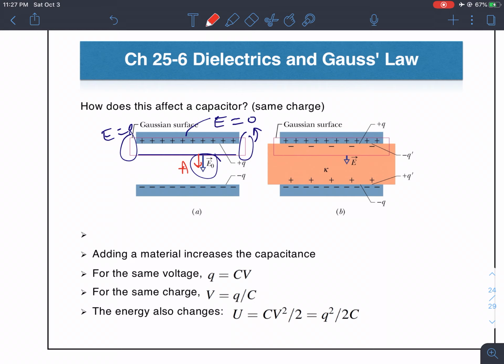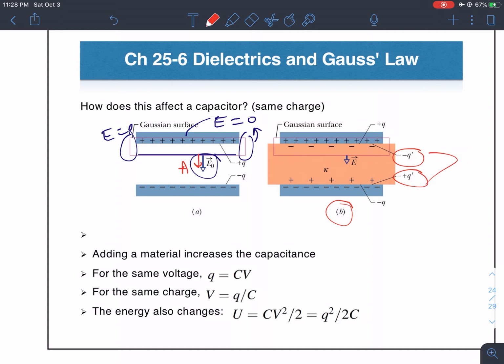When you have a dielectric material, as you can see in part B, what really changes are those slightly polarized or induced charges. These negatives on the top, we call them negative Q prime, and the positives at the bottom of the dielectric material, we call them positive Q prime.